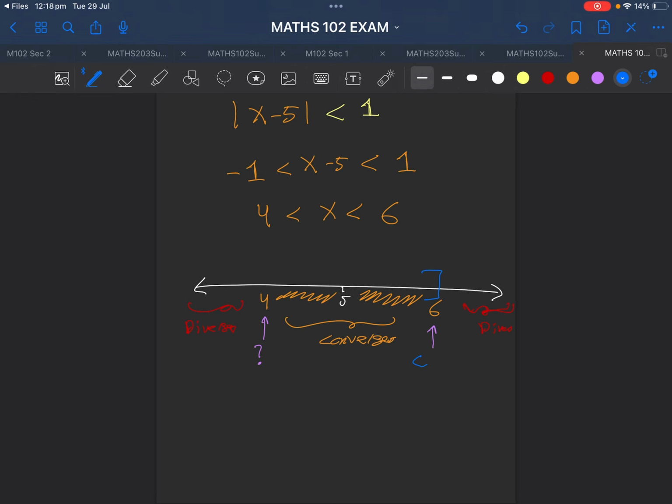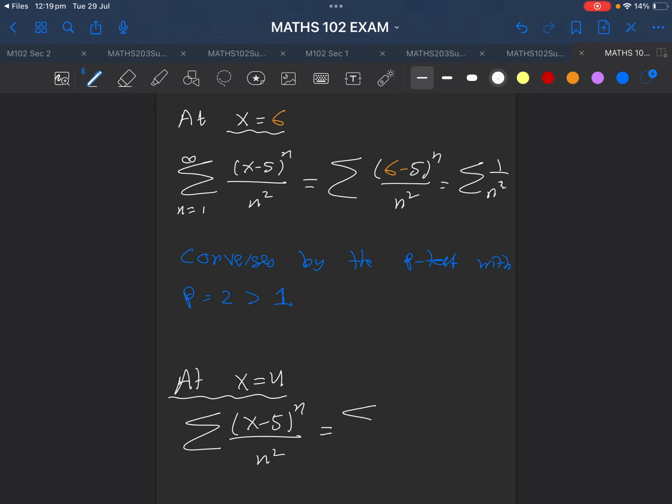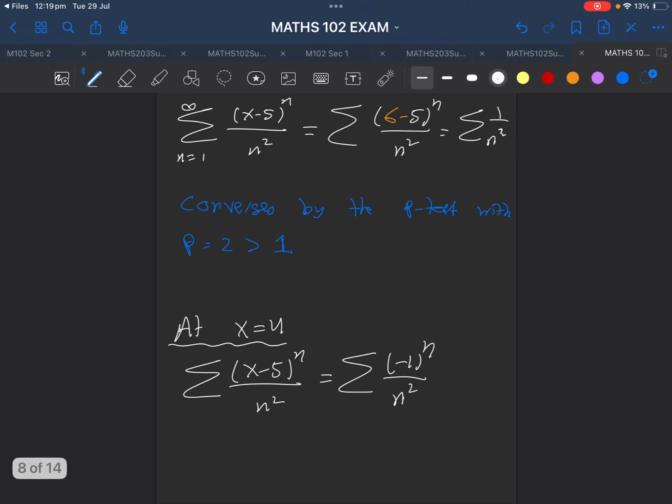The next one is what happens exactly at 4. At x equal to 4, the series will be (x minus 5) to the power of n over n squared, and if we substitute 4, this will be (negative 1) to the n over n squared. Of course, here we have two solutions.